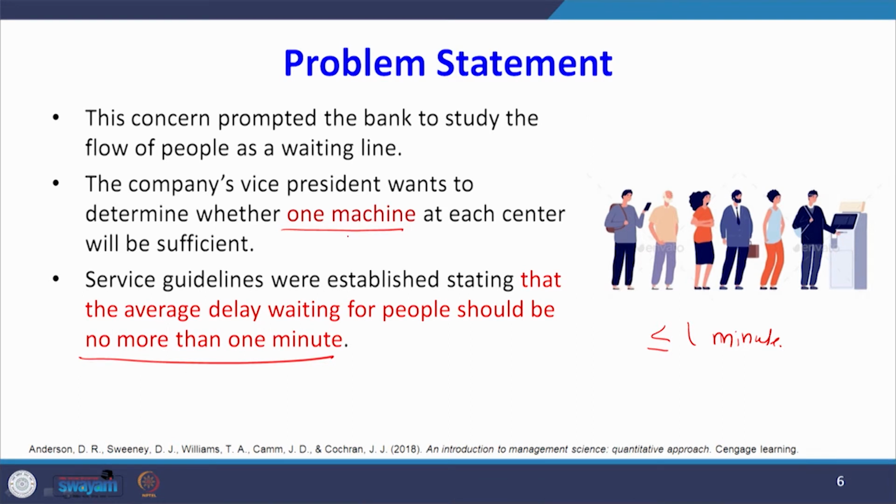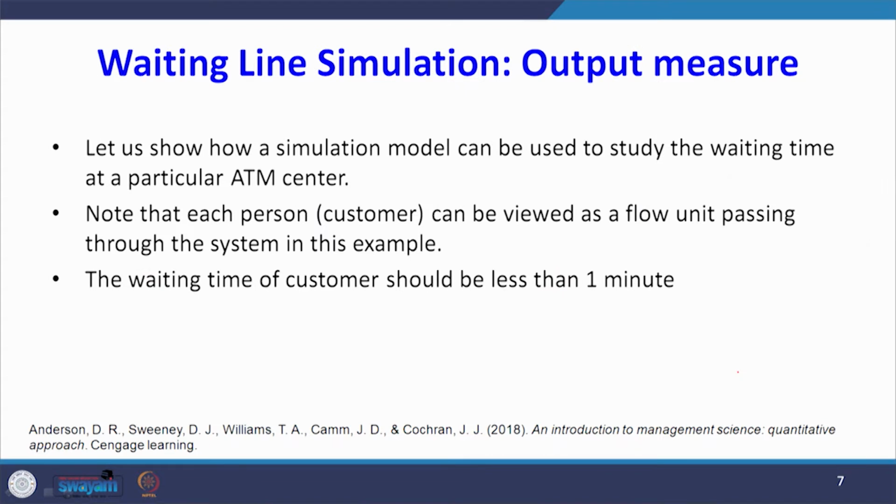But we have only one machine. So, the question is whether we are able to achieve this service requirement, that the waiting time should be less than 1 minute, with the help of this one machine. Let us show how a simulation model can be used to study the waiting time at a particular ATM center.